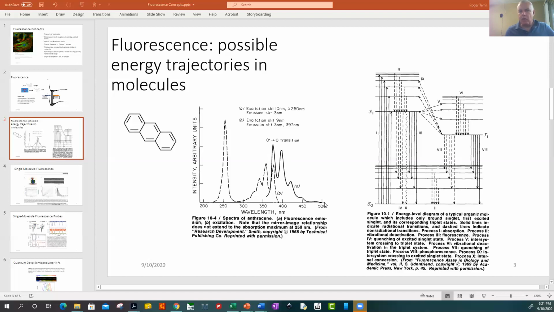And what are the possibilities for correlating this to arrows on this Jablonski diagram? Aditya, what do you think? What arrows correspond to this solid line spectrum right here?